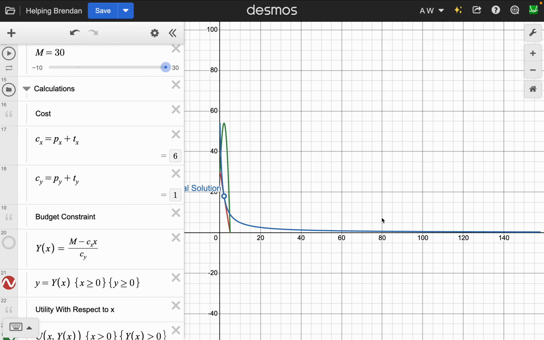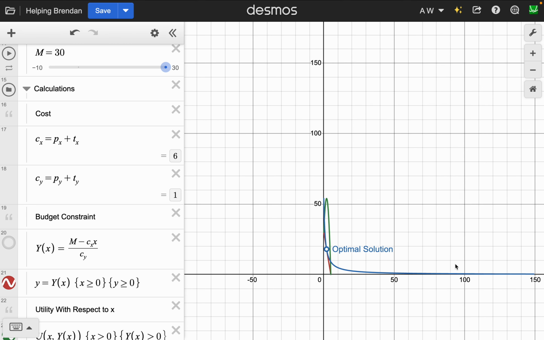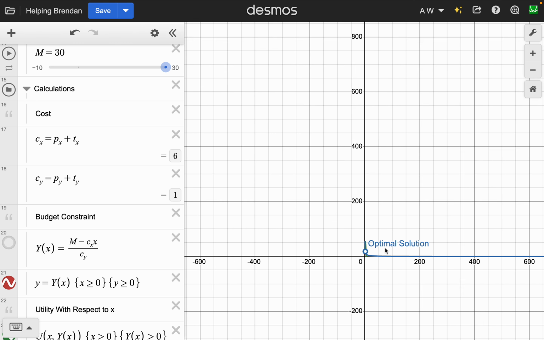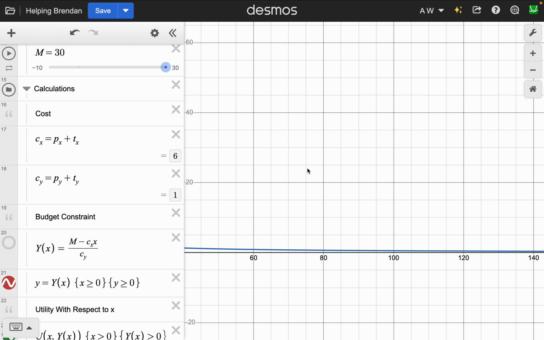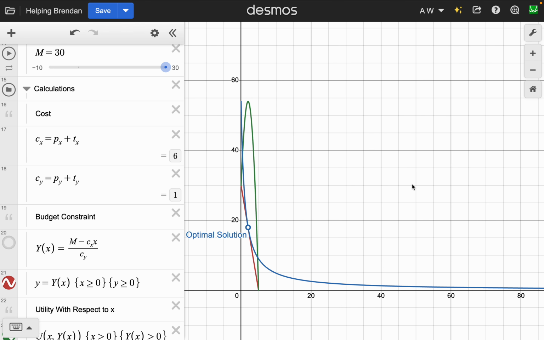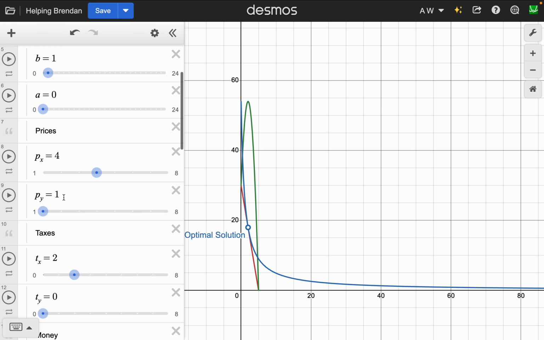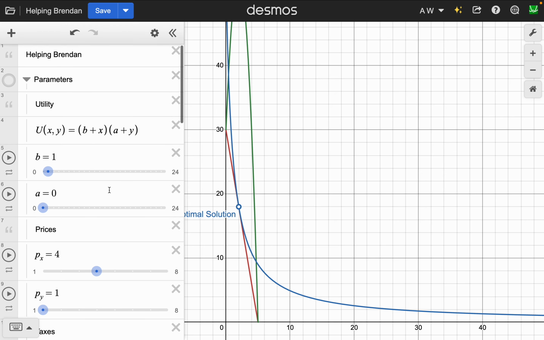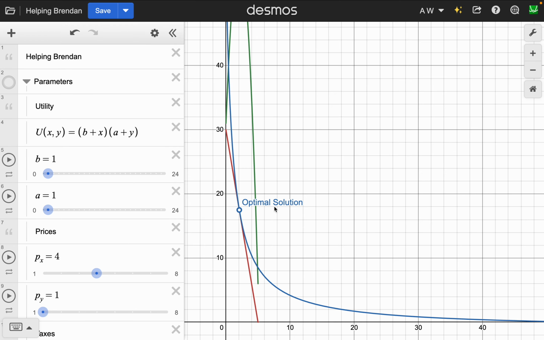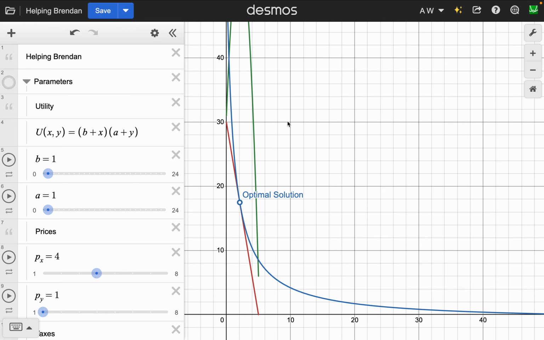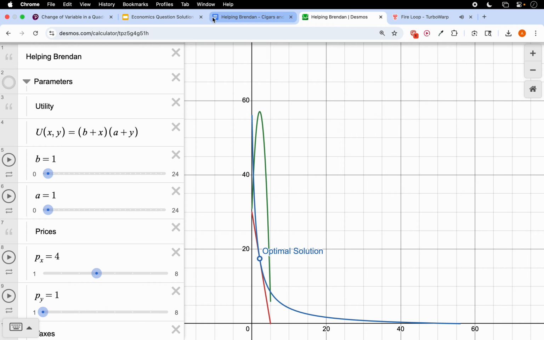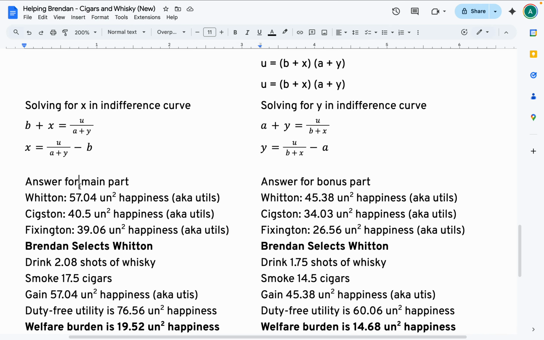And then the blue line here is basically showing all the points on the curve that will get our boy Brendan exactly our number of utility, which in this case is here. We're finding the indifference curve for this 57.04.